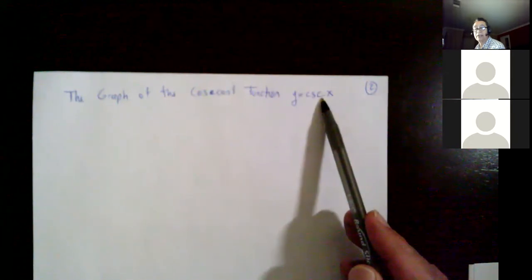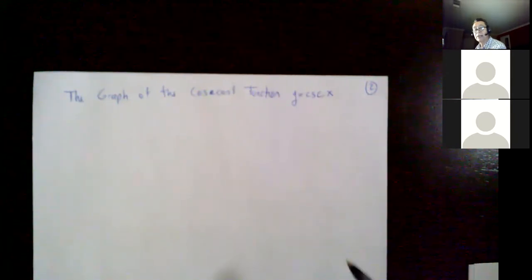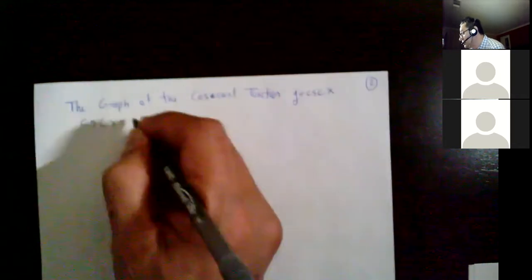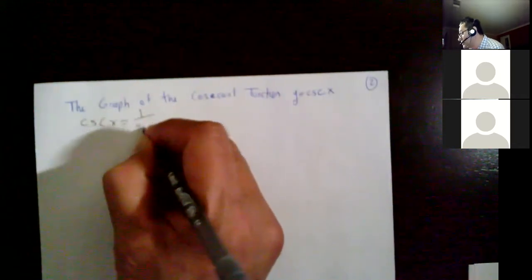So I'm going to use that identity: cosecant of x is equal to 1 over sine of x. So the first thing I'm going to do is draw the graph of the sine of x first, you guys.